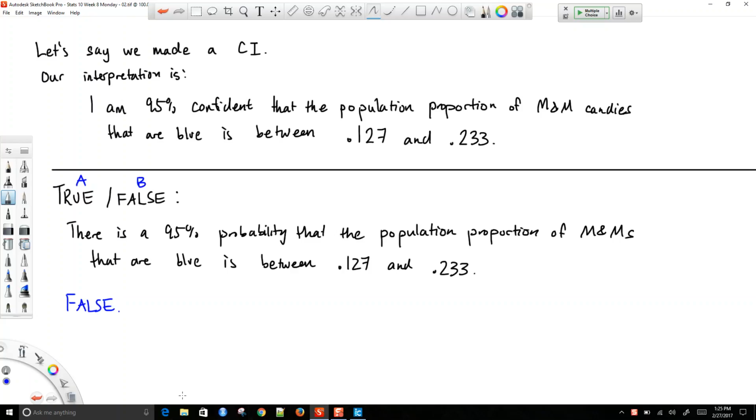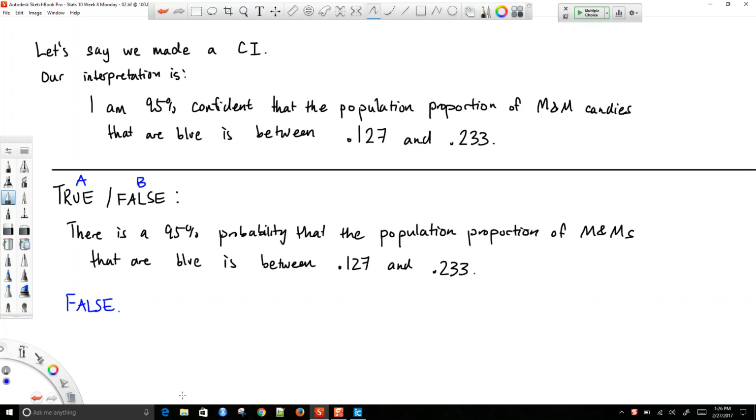You don't know what it is, so all you can say is, I am 50% confident that the coin landed heads, or I'm 50% confident that the coin landed tails. However, it does not make sense to say there's a 50% probability that the coin landed heads, because the truth is it either landed heads or it did not. There's no uncertainty there. The same idea holds here with the proportion of M&Ms in the population.